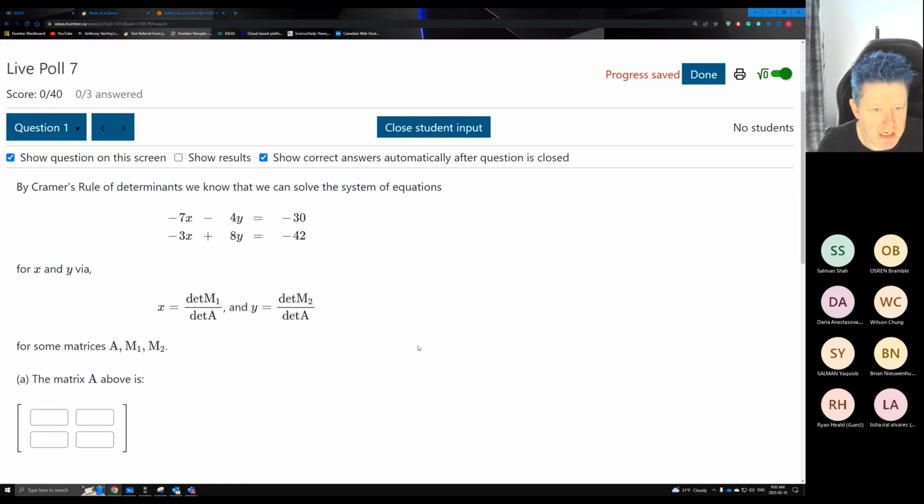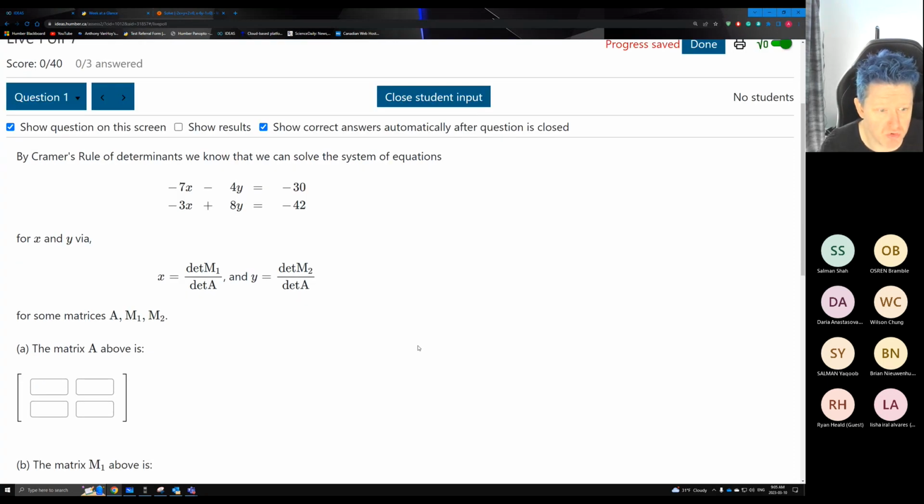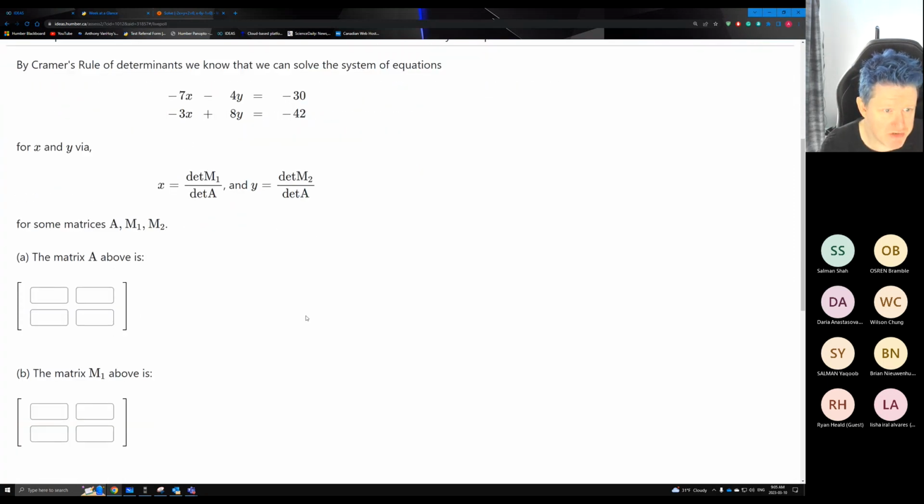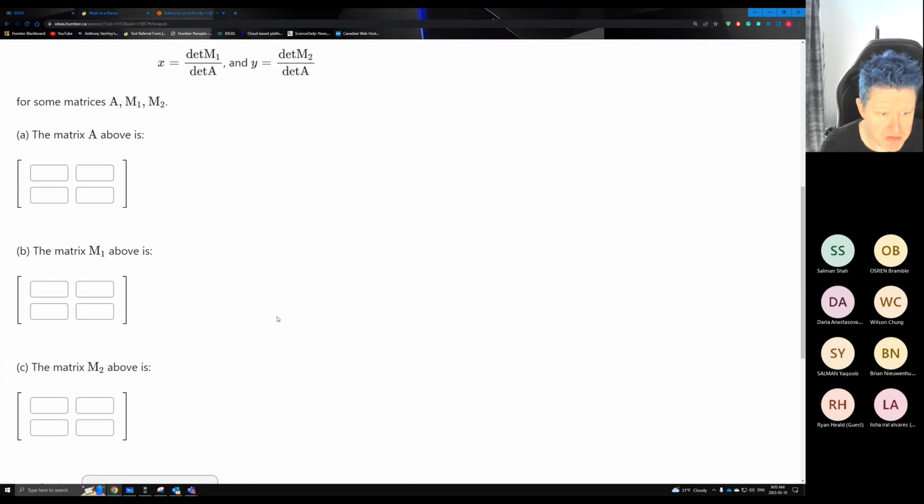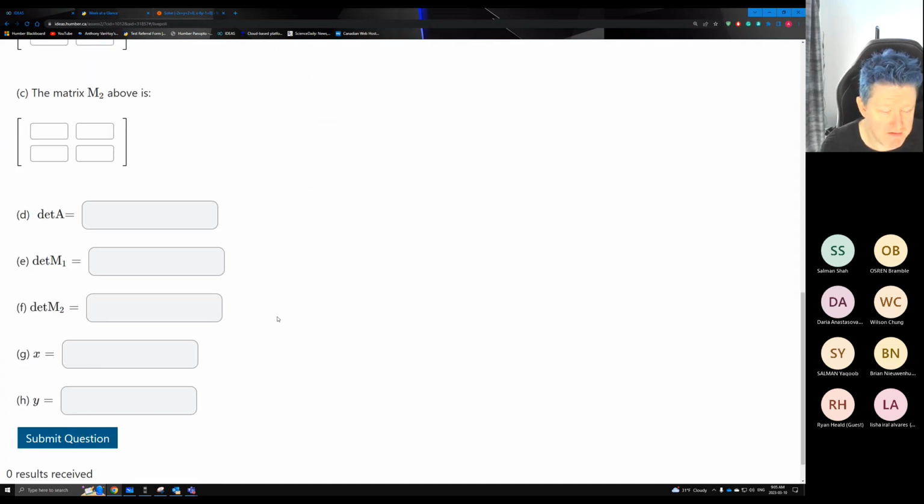I want to see if you understand what I have just taught you. This is basically asking: can you solve a system using Cramer's Rule? Can you fill out the matrices, which matrix is which? Can you compute the determinants? And then finally, can you give the solutions?